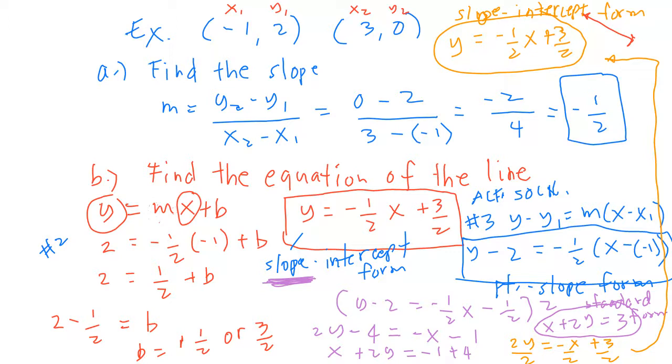So there are plenty of ways to find the equation of the line. So you can have slope-intercept form, you can have the standard form, or you can have the point slope form. So those are the three. So it will be asked on the question, but if it's not on the question asked, then you can choose what form your equation will be.